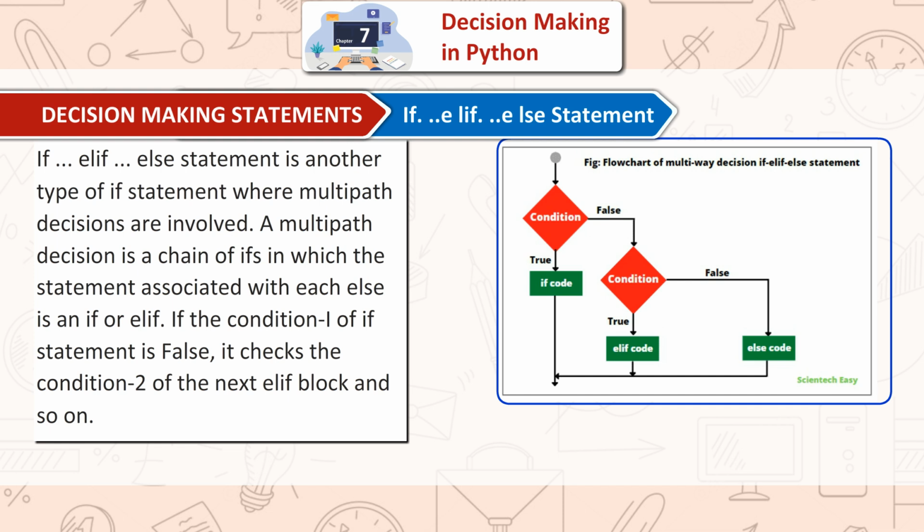If, elif, else statement. This is another type of if statement where multi-path decisions are involved. A multi-path decision is a chain of ifs in which the statement associated with each else is an if or elif. If condition 1 of the if statement is false, it checks condition 2 of the next elif block and so on.